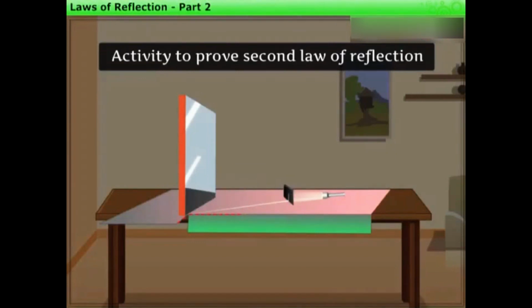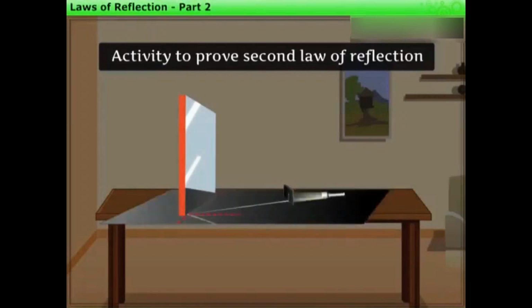Now, bring the paper back to the original position. You will be able to see the reflected ray again. This is because when the whole sheet of paper is spread on the table, it represents one plane.